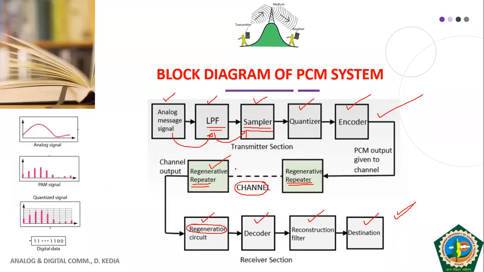So that was all about the block diagram of the PCM system. We are left with only one small slide next, which will explain the receiver section. After that, your PCM topic and today's class will be over. Next.